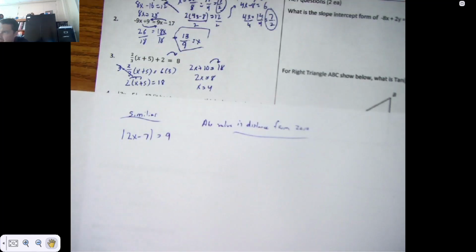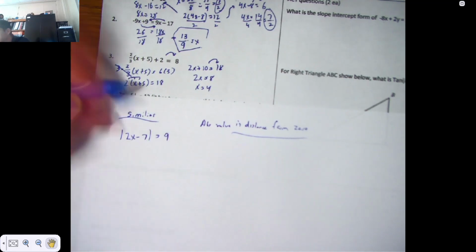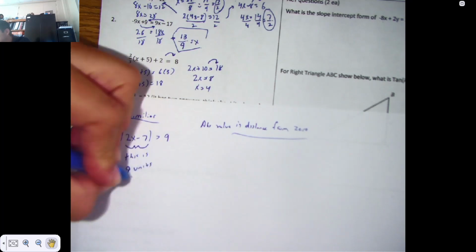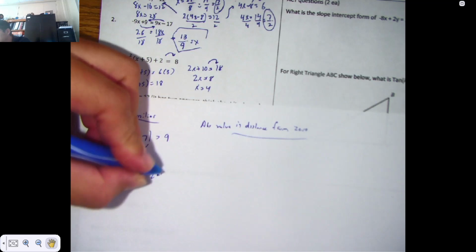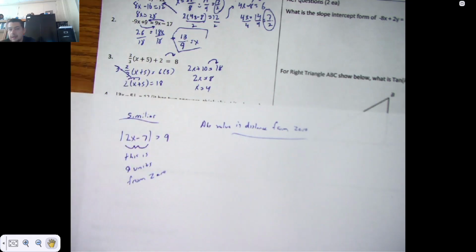I'm not sure how Ms. Garner taught this to you. I've taught this two different ways in the past. But whatever is in here, this is 9 units from 0, which means it's either a positive 9 or it's a negative 9.